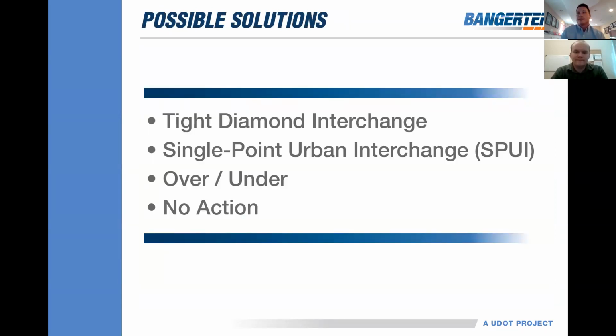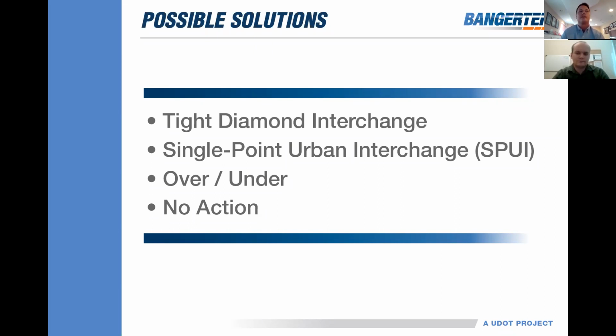Possible solutions. We are very early, as we've been discussing, in the stage of this environmental study, but we're hoping to hear what is important to you to help us determine what solution makes the most sense. Here are some possible interchange concepts that our team plans to investigate as we move forward with the study. A tight diamond interchange, a single point urban interchange.